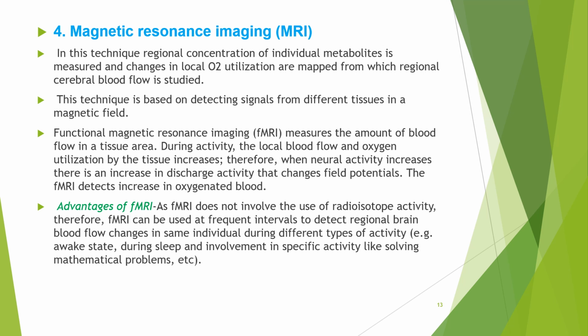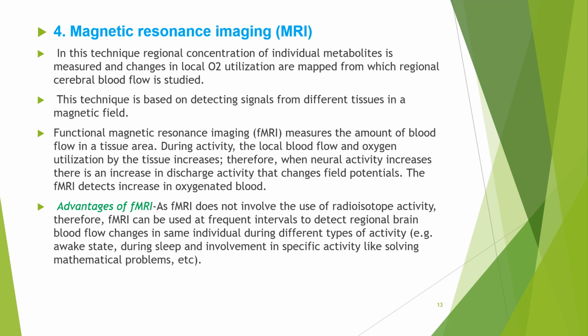Then coming to the MRI. MRI will use a magnetic field, and it is detecting the brain's activity, the cerebral circulation, by the utilization of oxygen. So if the person is active, then he will utilize more amount of oxygen in that particular area.